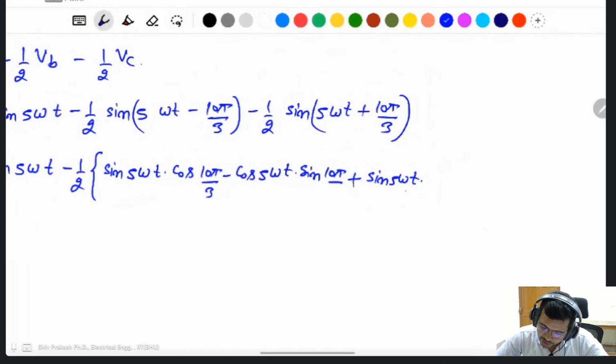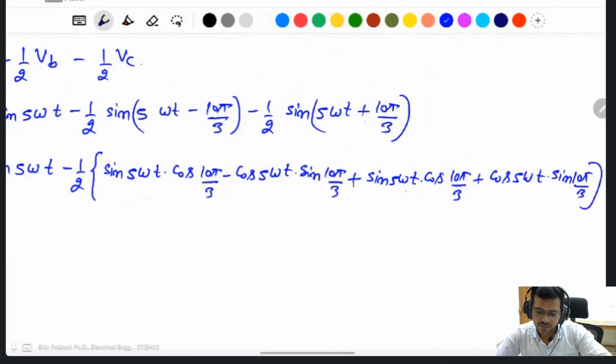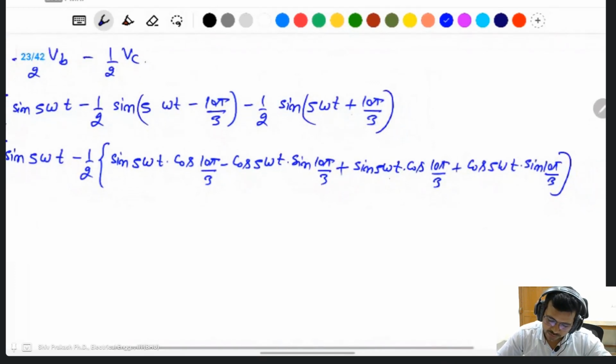This is sin 5 omega t into cos 10 pi by 3 plus, then this is the plus cos 5 omega t into sin 10 pi by 3. This will be cancelled out.